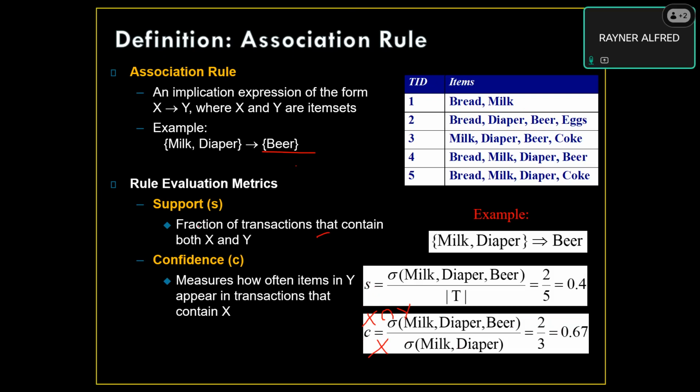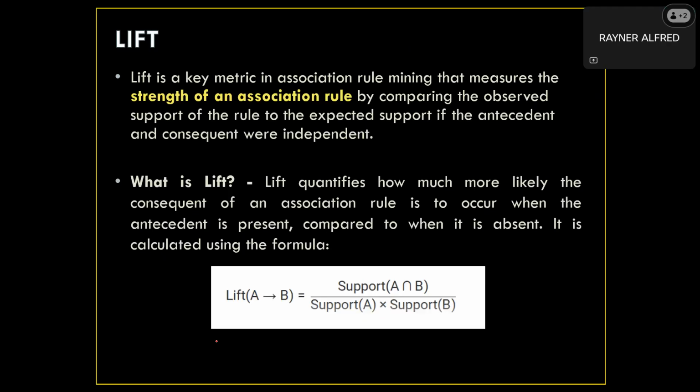So normally we are looking at the support and confidence, but we also have lift. Lift uses the support of A and B divided by support A times support B. Lift is a key metric in association rule mining that measures the strength of the association rule.